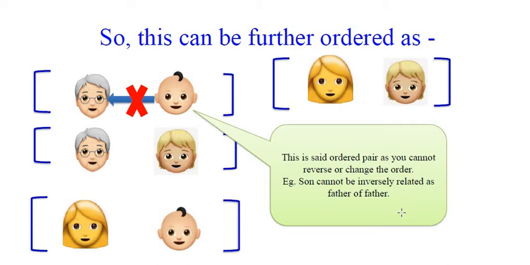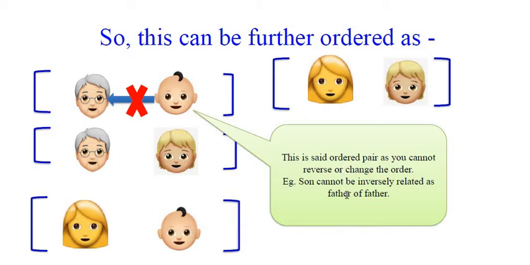Now here, this can be further written as ordered pairs like this, okay? But the question is, this is called an ordered pair, as you cannot reverse or change the order, right?